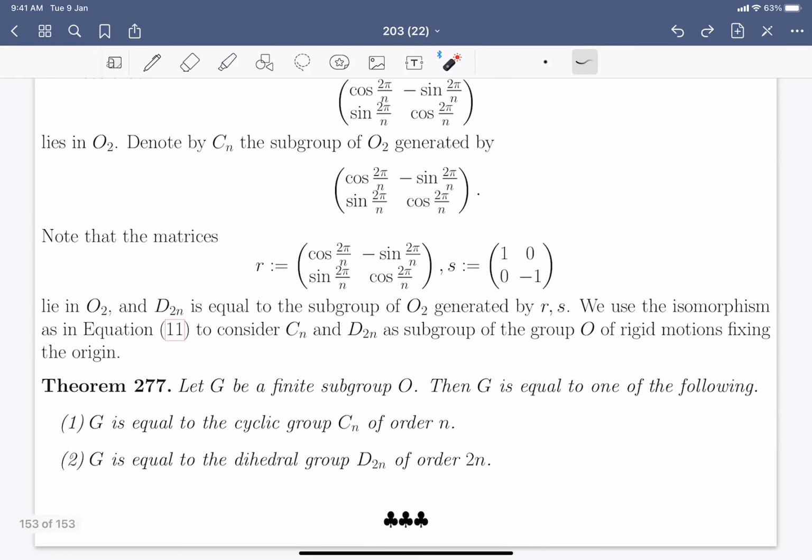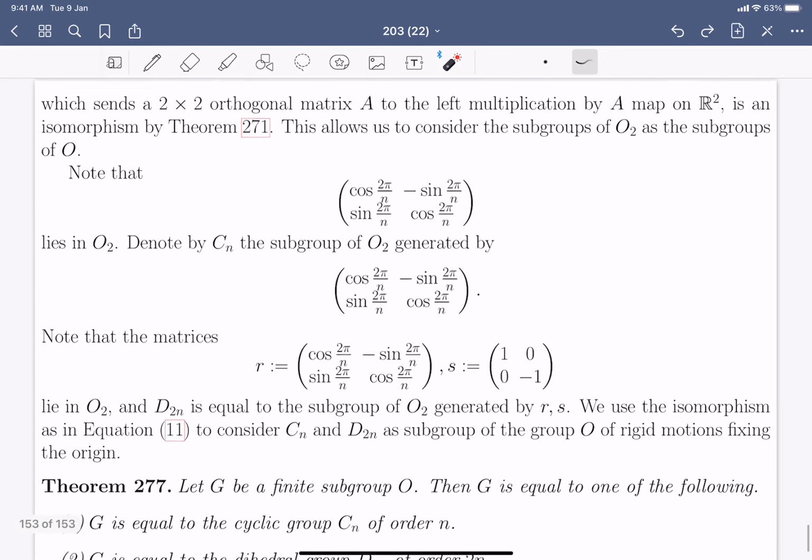In fact, one can show the following: if you take a finite subgroup G of O, then G is equal to one of the following. G is equal to the cyclic group Cn of order n, or G is equal to the dihedral group D2n of order 2n.